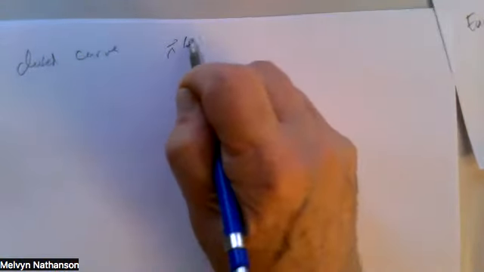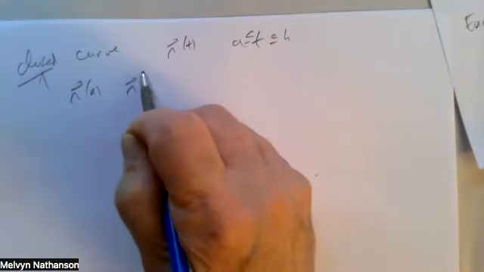Green's theorem is a beautiful theorem that talks about a closed curve. Suppose you have a closed curve. So you have a function r of t, t goes from A to B. And closed means that the starting point and the ending points are the same.